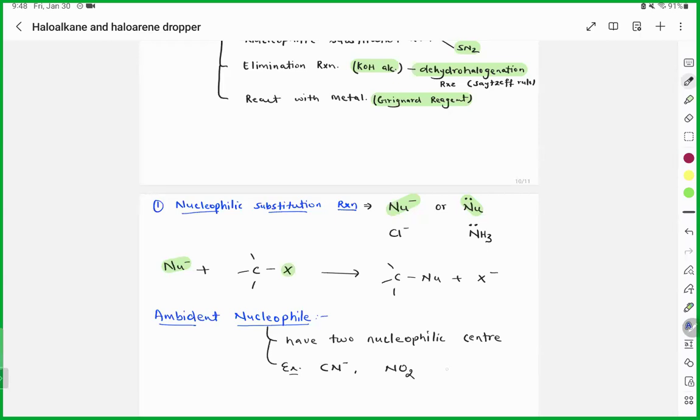And last, thiocyanate, SCN: sulfur or nitrogen. You know, in your coordination compounds, you have thiocyanato-N and thiocyanato-S, nitrito-N or nitrito-O, cyanide, isocyanide. Cyanide, nitrite, and thiocyanate.